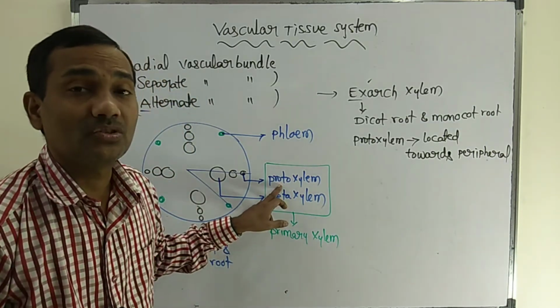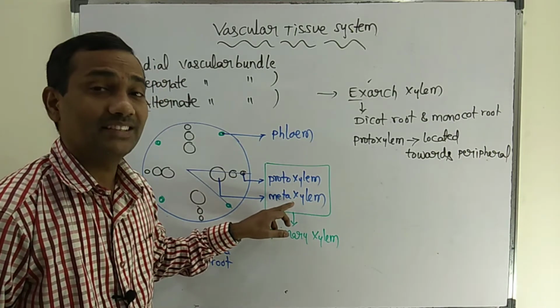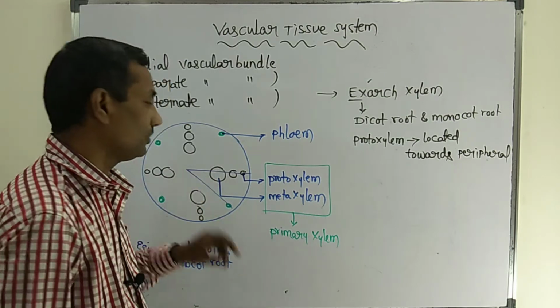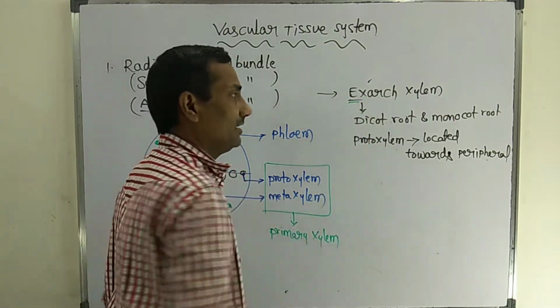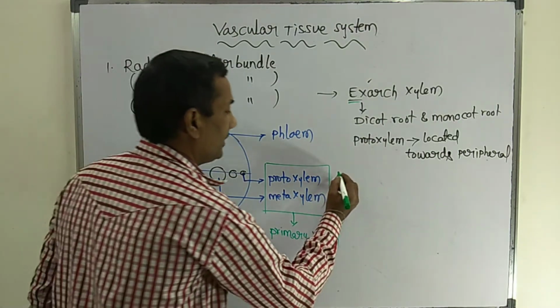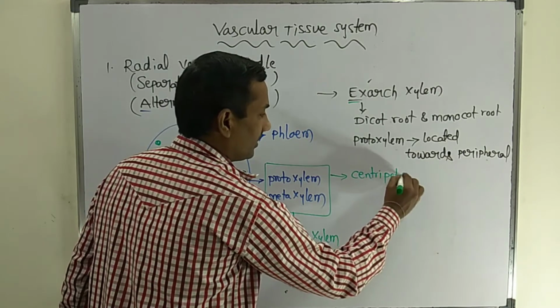Protoxylem is the first formed xylem that lies peripheral, whereas metaxylem is the next formed xylem located towards the center. This type of arrangement is called exarch. The development you can call centripetal development.